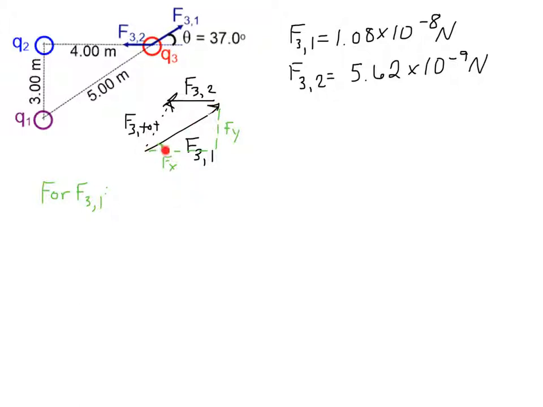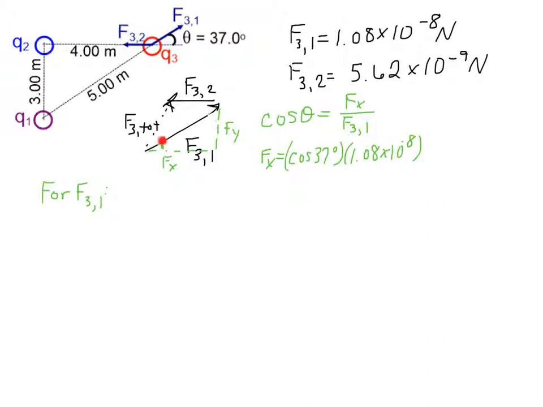I'm going to separate it into its x and y components. We know from this diagram that this angle theta is 37 degrees, so this angle theta also is going to be 37 degrees. And I can calculate f of y and f of x, the x and y components, for that force between charge 3 and 1.